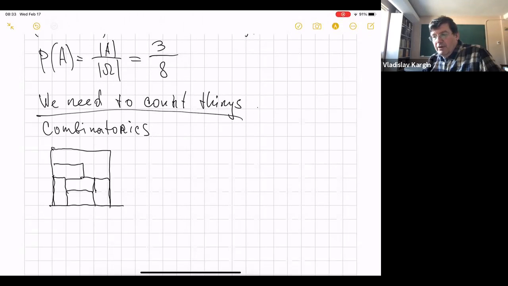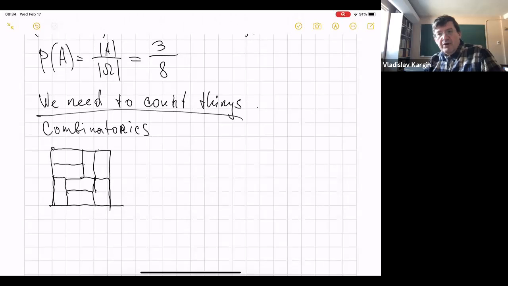It's doable if the board is small. So probably for 4 by 4 you can count it by hand, or using a computer. But if you go to higher sizes of the board, then with just enumeration, even if you have a computer, it will be difficult, right?